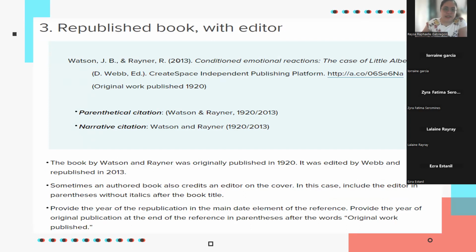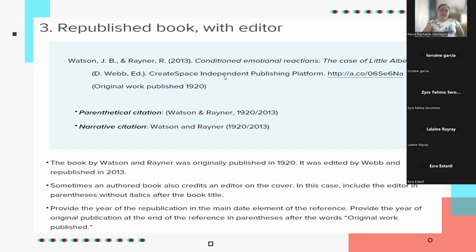So, ano yung magiging ganap sa republished na book? Ito will be the name of the authors, the year of the republication, yung pag-publish ulit, that's 2013, the title of the book in italics, okay? And you may also include, if there is an editor of the book, you may also include the name, and then just separate this with a comma, and then the ed, meaning siya ang editor.